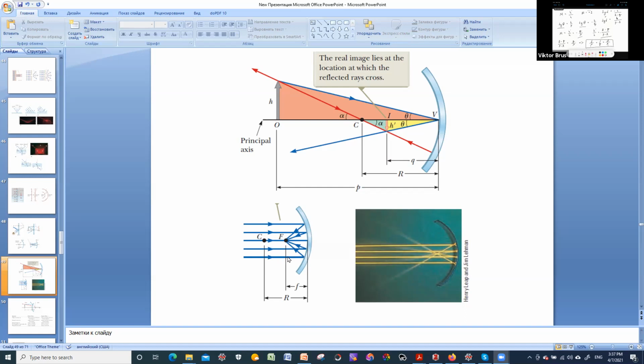If this happens, the reflected rays from the mirror will intercept in one point, which is called the focal point, and this focal point is located at some distance f from the mirror, which is called the focal distance, and this focal distance is equal to half of the curvature radius of the mirror.